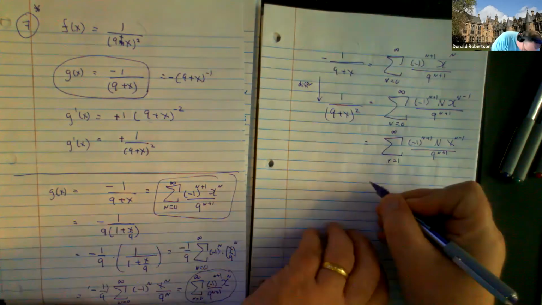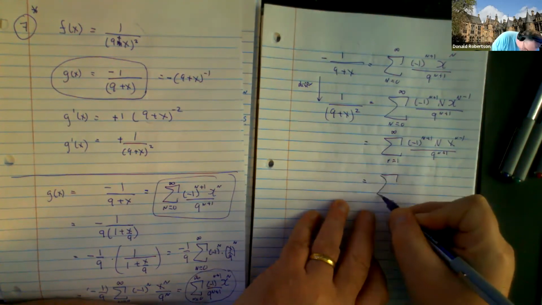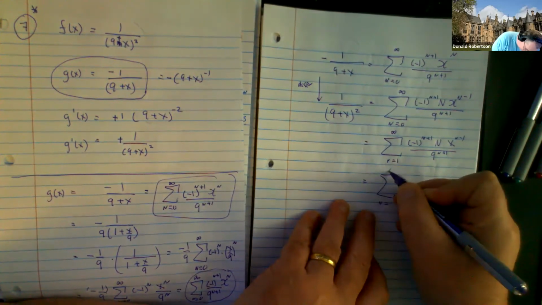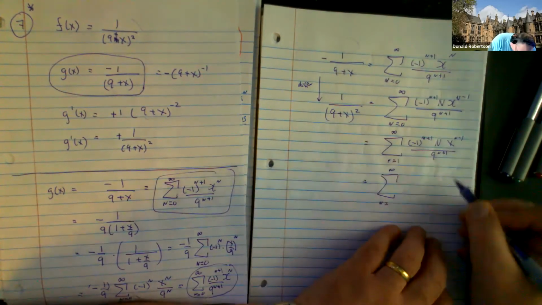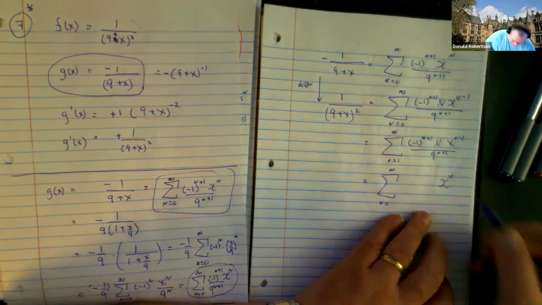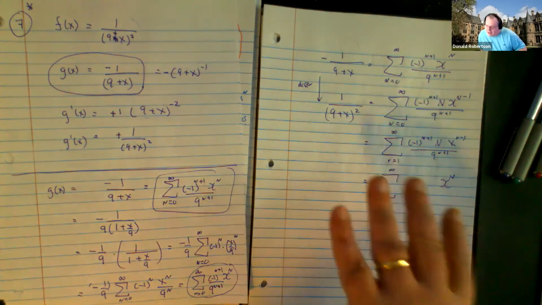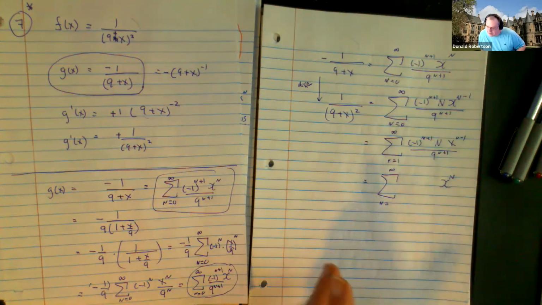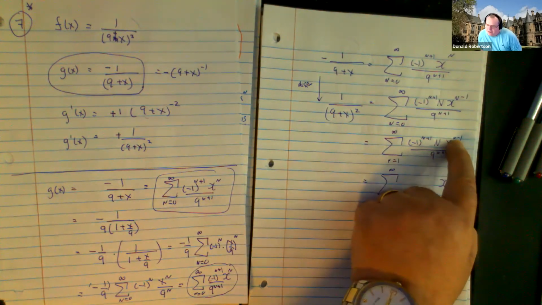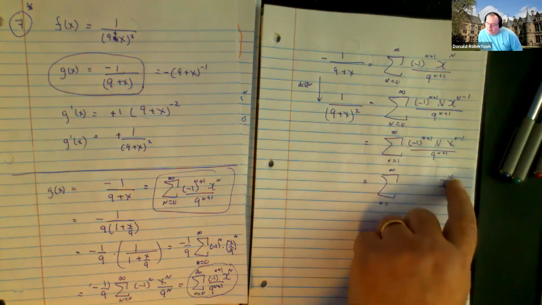Then I do this. This is the last line. I change that to x to the n. Now, I can't just change things without altering everything in the proper way algebraically. So I think of this n minus 1 becoming an n.